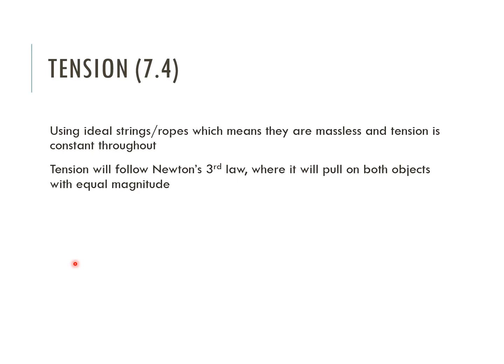So what we need to focus on is tension is going to follow Newton's third law. It is constant throughout the entirety of the rope, so it's going to pull on both objects with equal magnitude.